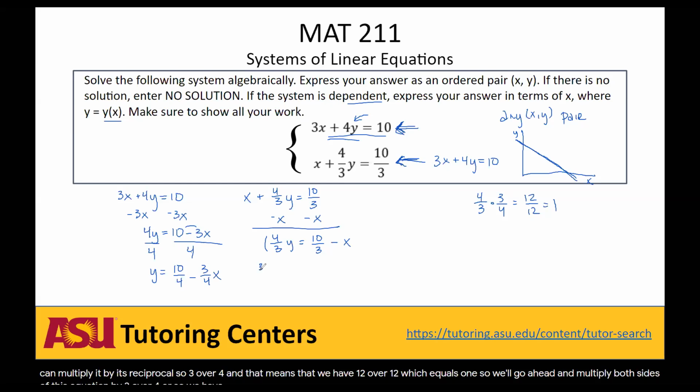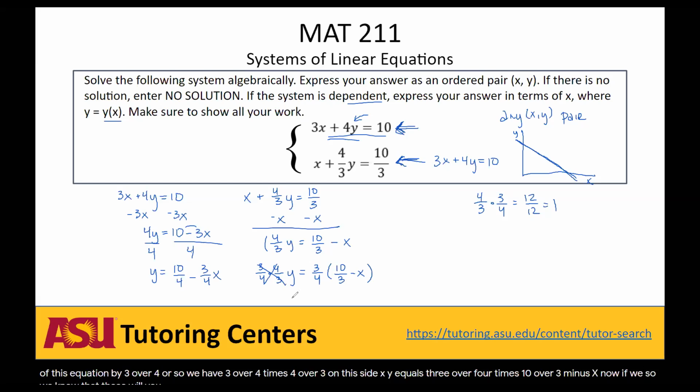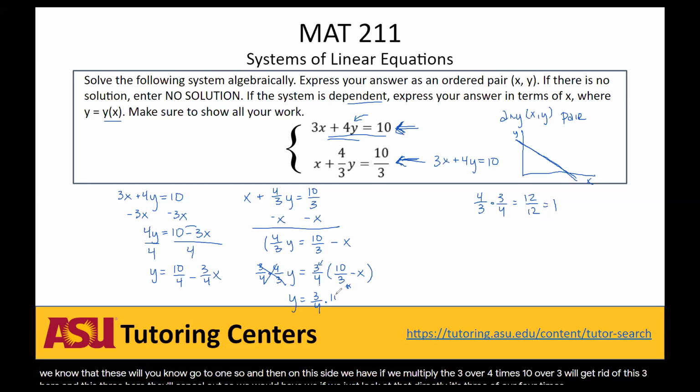So we have 3 over 4 times 4 over 3 on this side times y equals 3 over 4 times 10 over 3 minus x. Now, we know that these will go to 1. And then on this side, if we multiply the 3 over 4 times 10 over 3, we'll get rid of this 3 here and this 3 here, they'll cancel out. So if we just look at that directly, it's 3 over 4 times 10 over 3.